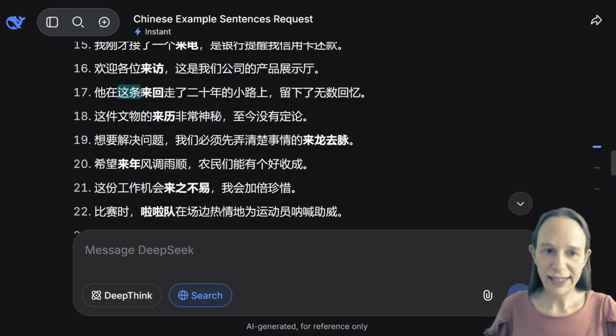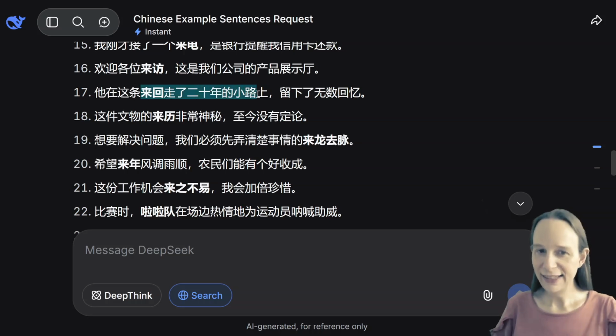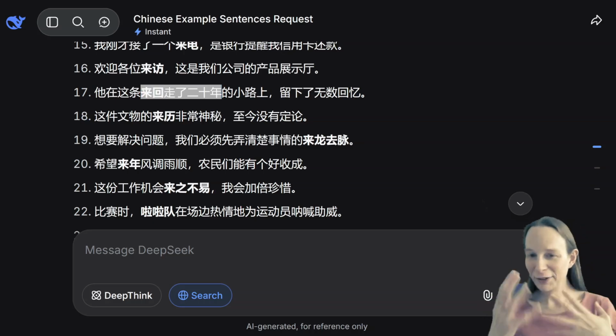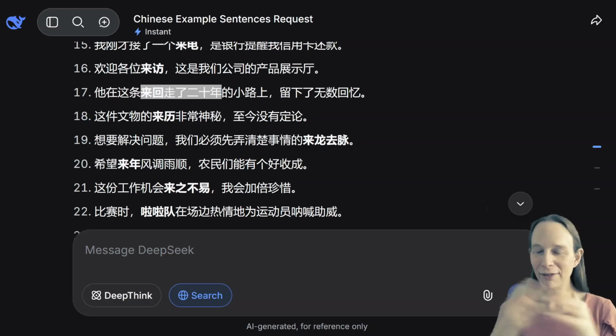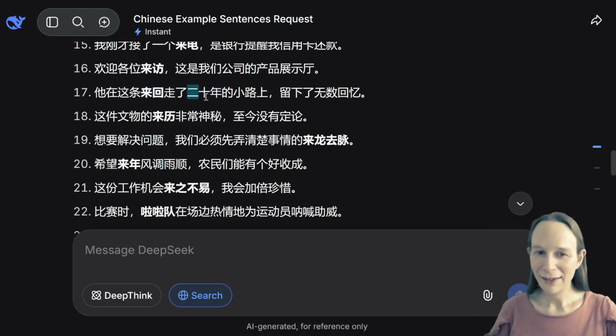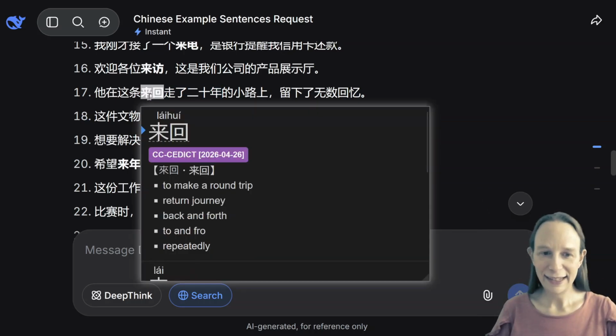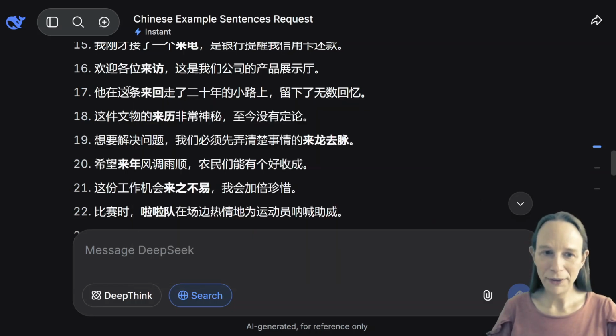Okay, so 这条小路, 这条来回走了20年的小路. So 来回 literally means come and fro. It can refer to the coming and froing of humans and things, but here it's referring to like I've been on this road quite a number of times for the last 20 years. 来回, yeah, to and fro, back and forth.